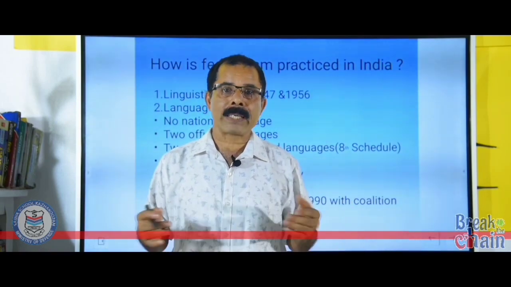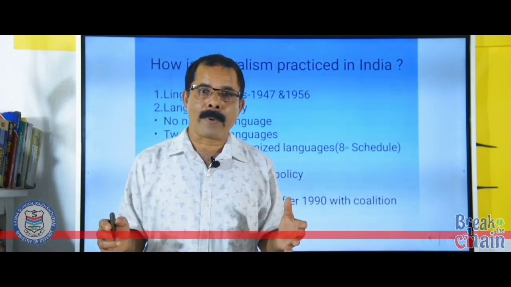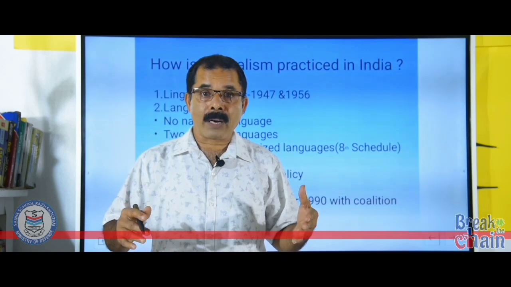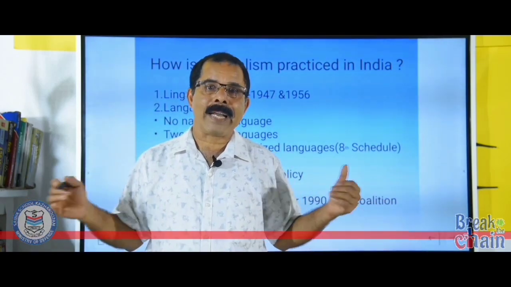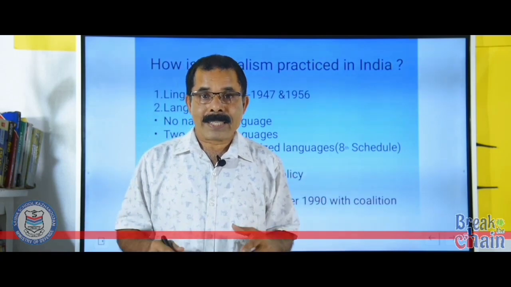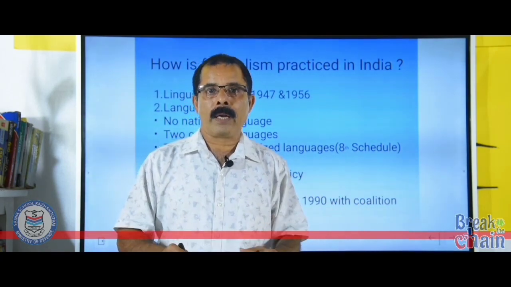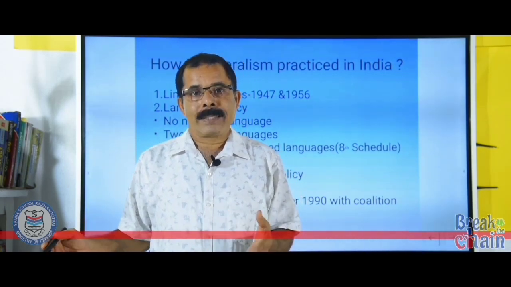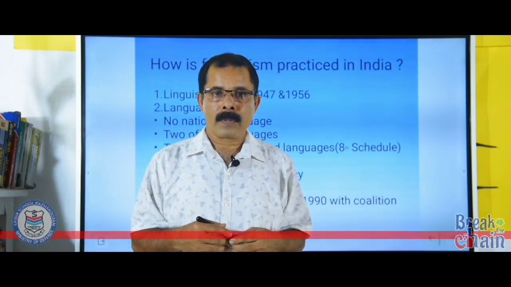And you know what is the reason? Ever since we had a coalition government at the center, many of the coalition partners from various states, regional parties, state parties began to play a dominant role in central government. For example, Telugu Desam party became a part of central government.